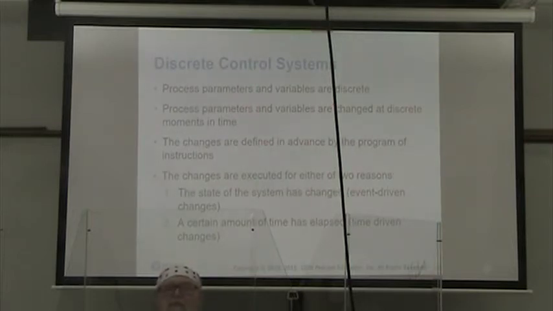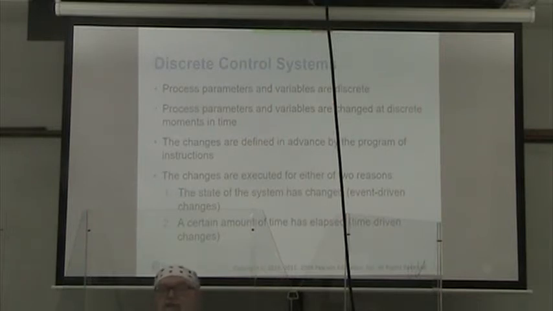When we talk about discrete control systems, our process parameters and variables are discrete, and those process parameters and variables change at discrete moments in time.